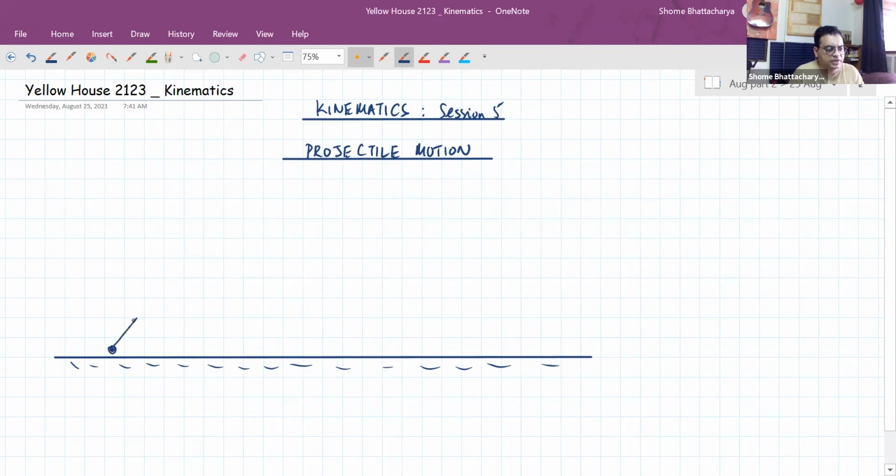So we project something at time t equal to 0 with a projection velocity u, which is at an angle theta with respect to the horizontal.